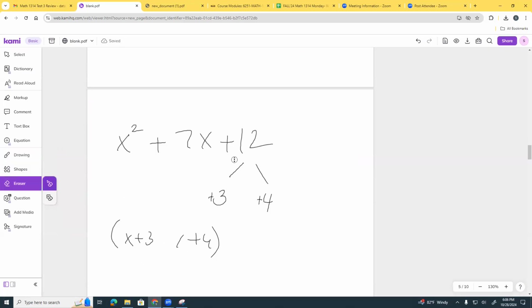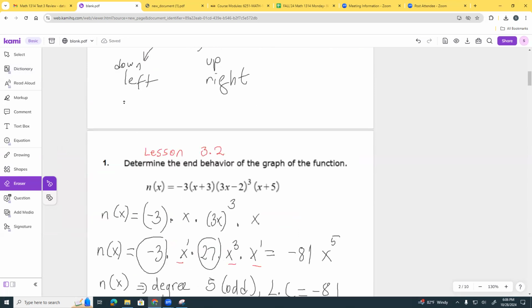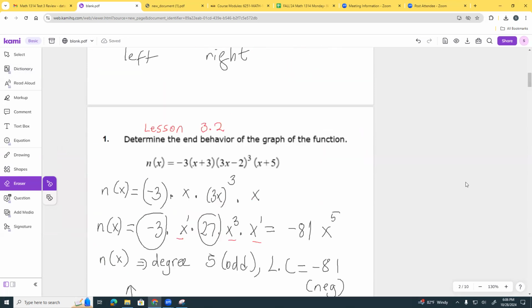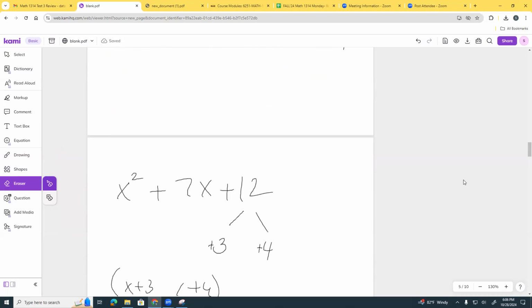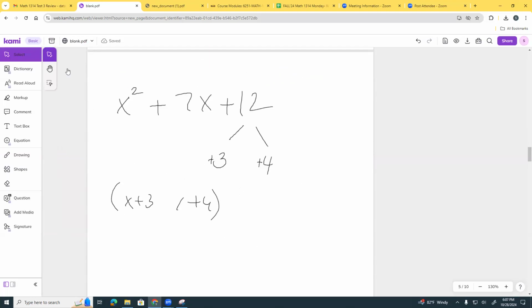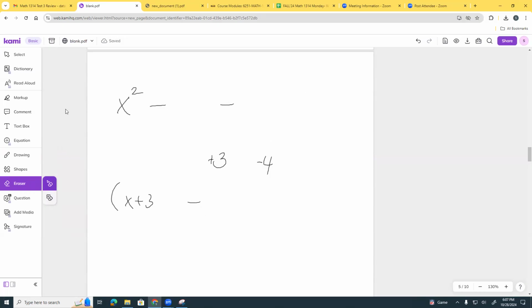Let's move to question 3 right now. Okay, let's see, how can I do this here? In this question, if I select all this, does it erase? This is one thing I don't like about this PDF editor.